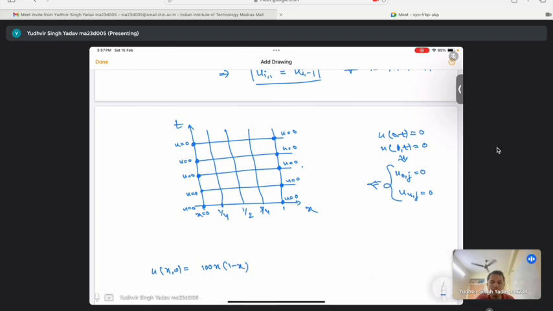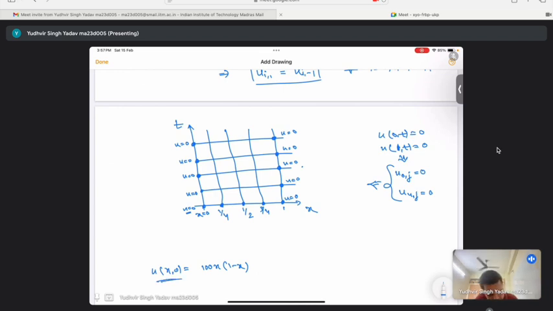Using this initial condition, we can simply find the values at t equals 0, on these nodal points.